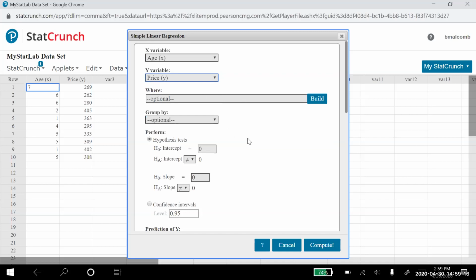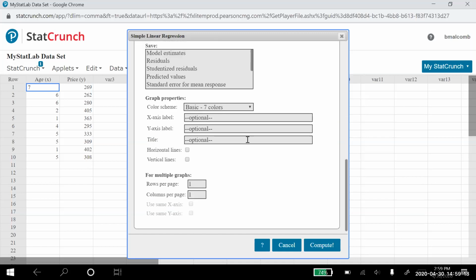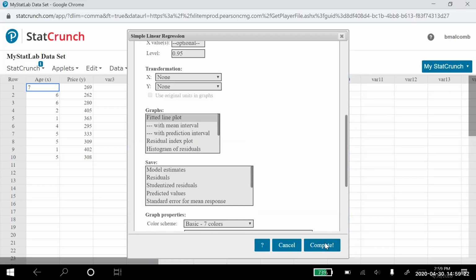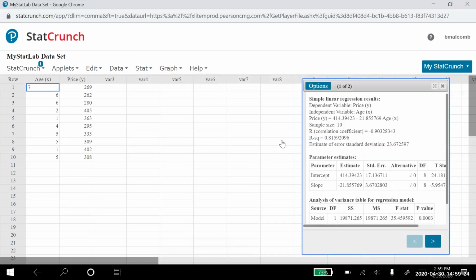And then I'm going to go and I'm going to compute. I can come down here and notice right here, they give us the correlation coefficient R. And they say it's negative 0.903. We've got a bunch of stuff there.